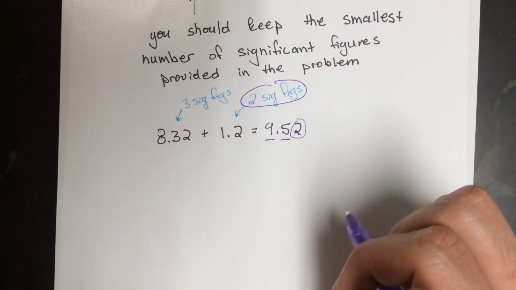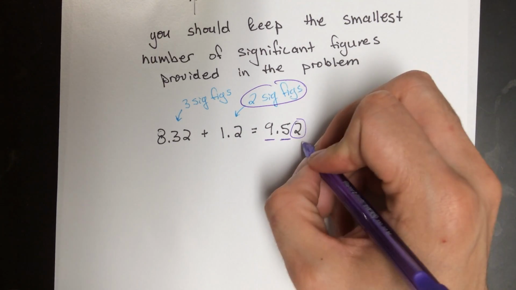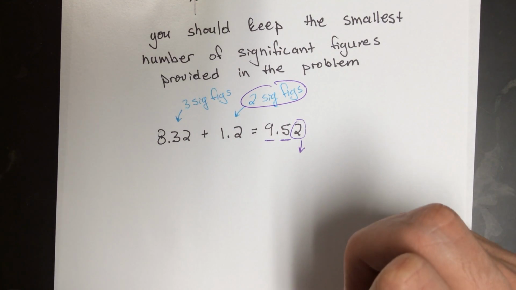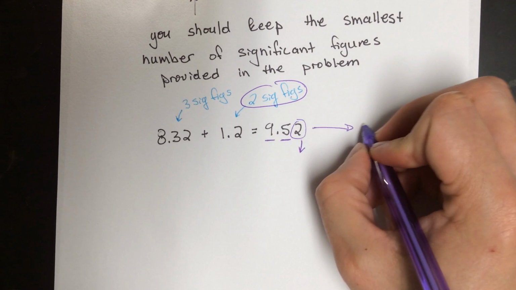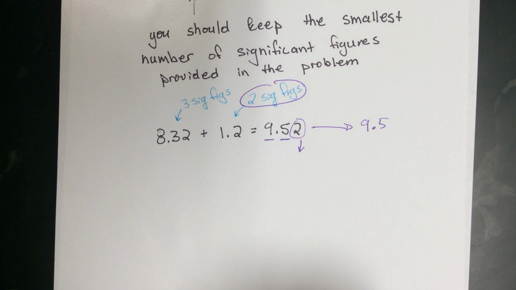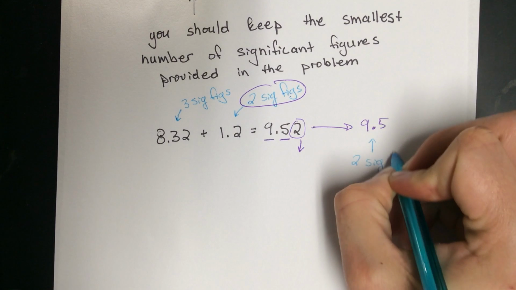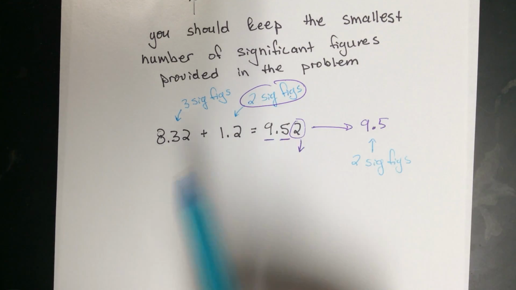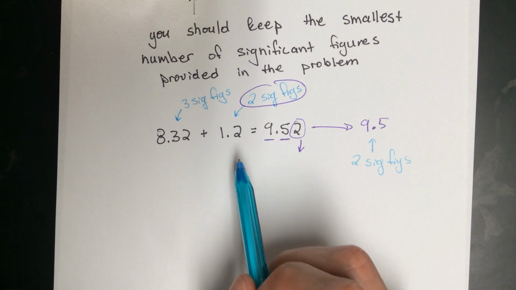Just like in normal rounding, a 5 and up would cause us to round up, but since this is a 2, we are going to round down. And this means that we are going to report our answer as 9.5 instead of 9.52. Notice that our final answer also has 2 significant figures, just like 1.2 did from our original problem.